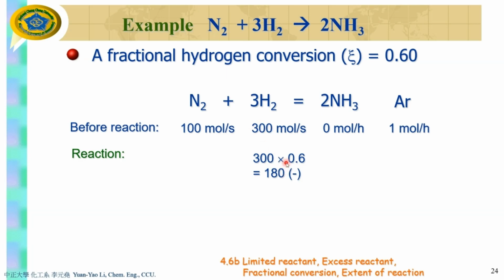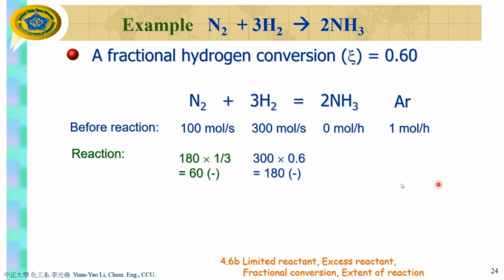Then during the reaction, because of hydrogen conversion rate 0.6, we need to times 0.6. That means there's only 180 moles of the hydrogen per second consumed in this reactor. So obviously, you understand how much nitrogen will be consumed and how much ammonia will be generated, right?